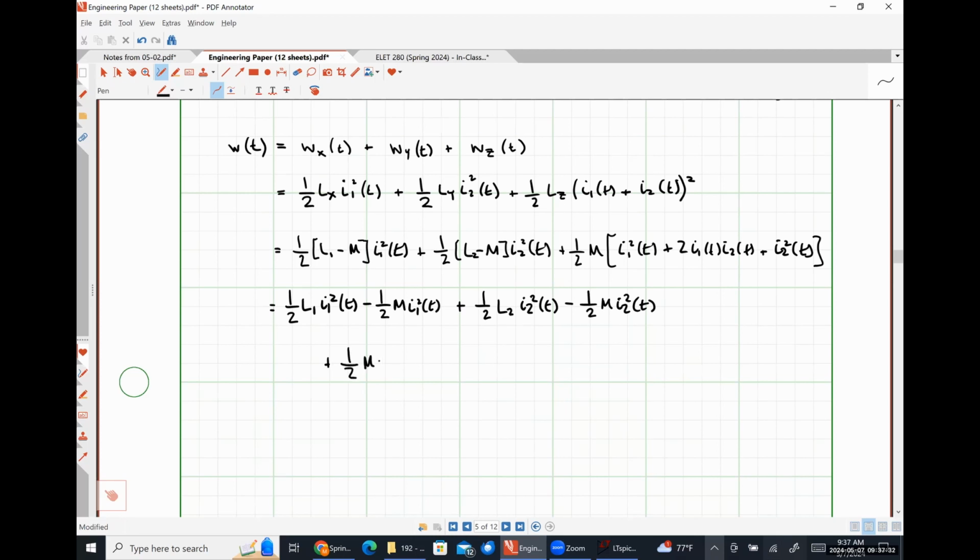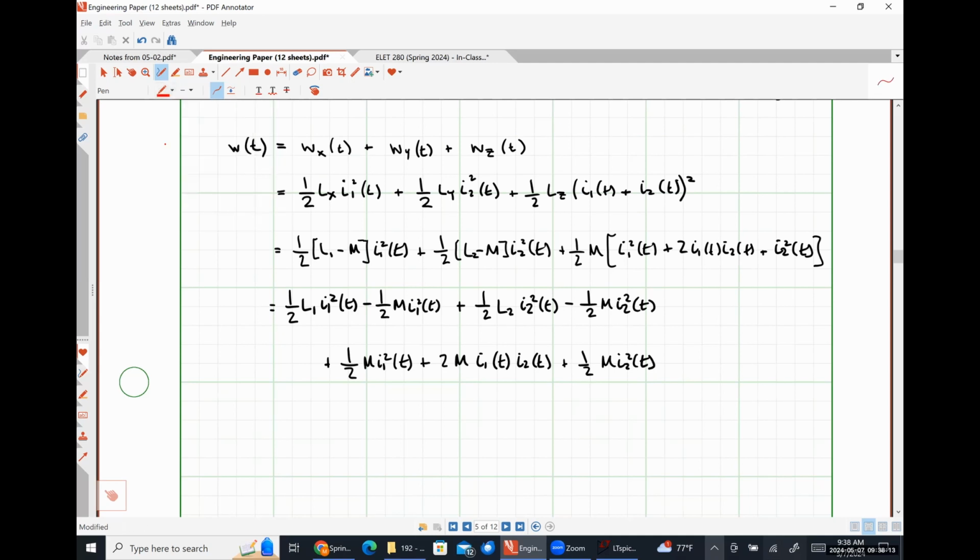1/2 M I1 squared plus twice M I1 I2 plus 1/2 M I2 squared.